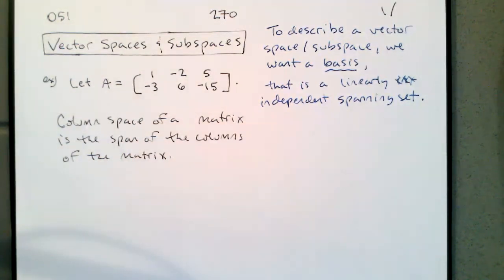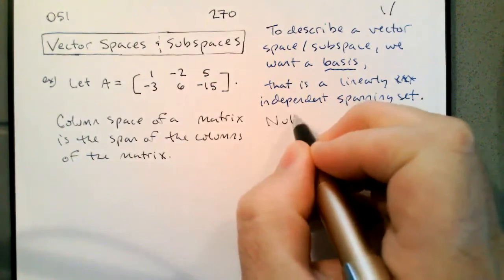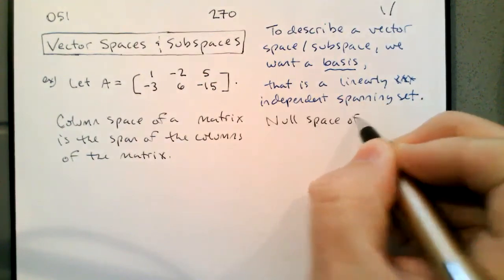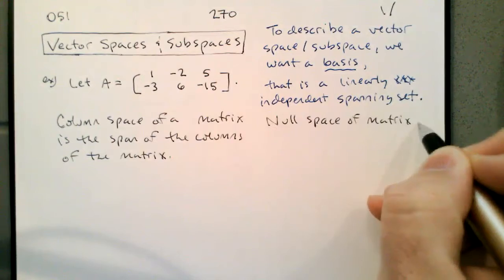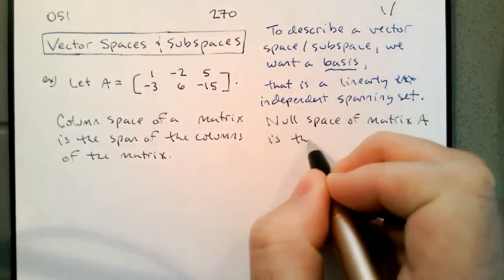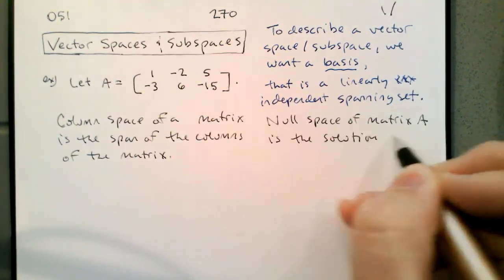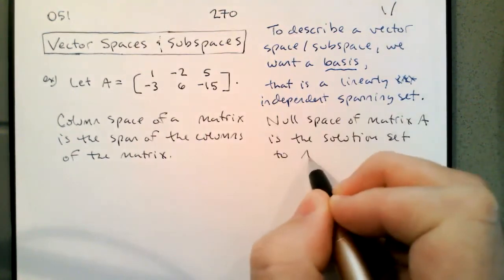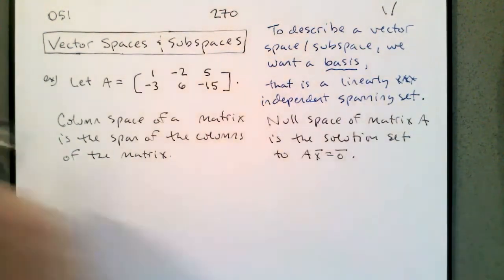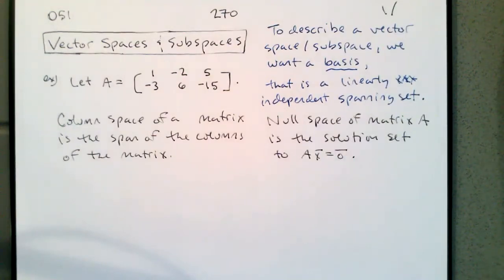The column space of a matrix A is the span of the columns of the matrix. The null space of a matrix A is the solution set to Ax equals 0, the homogeneous equation.